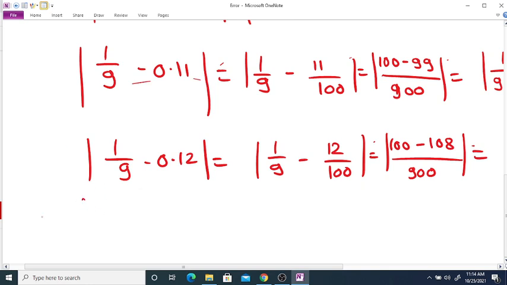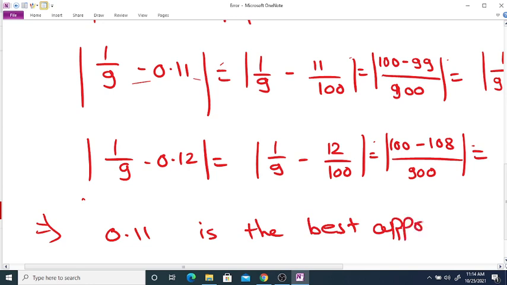Since the error is less, 0.11 is the best approximation, because the absolute error is less.